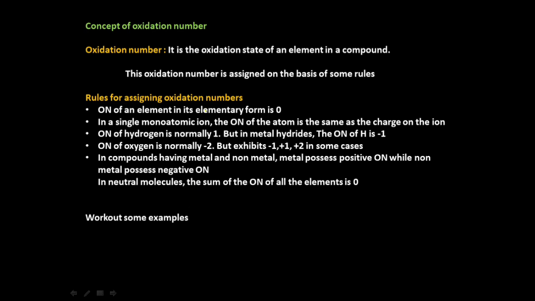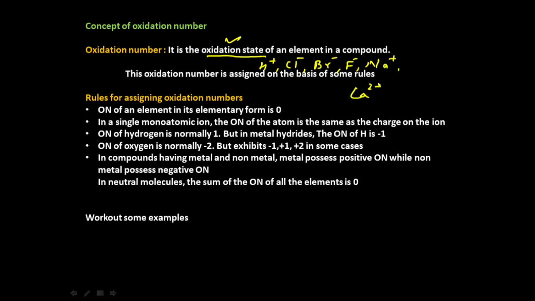See, this is simple, you can learn easily. Oxidation number is nothing but oxidation state of an element in a compound. What is oxidation state? I think you people are familiar with H plus, Cl minus, Br minus, F minus, Na plus.